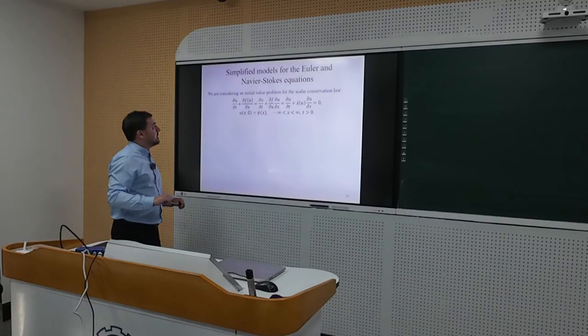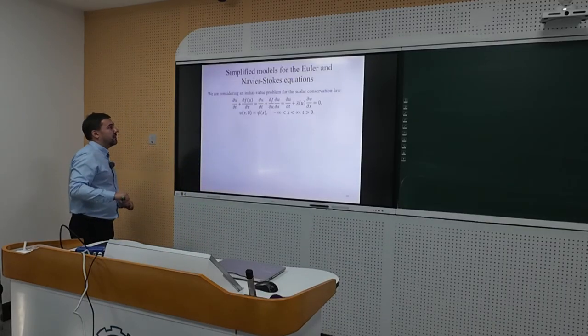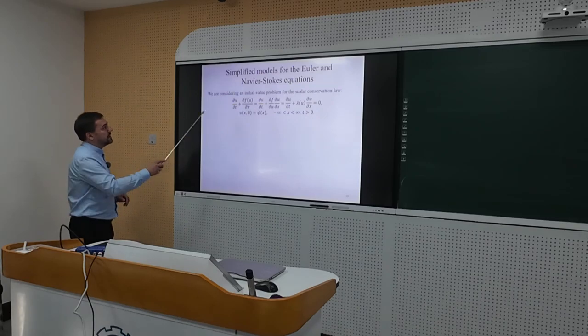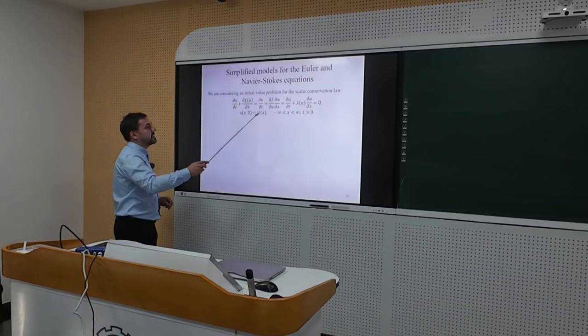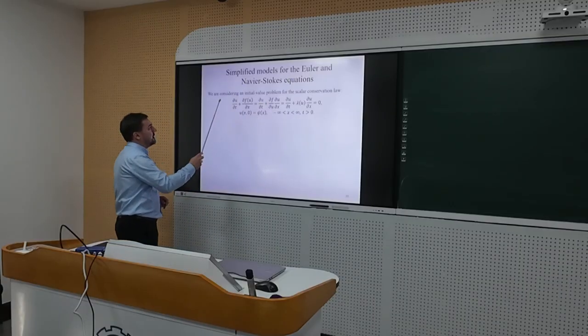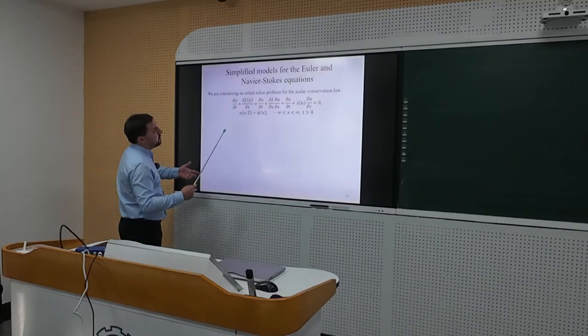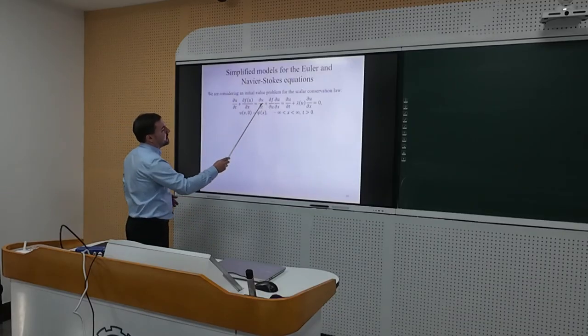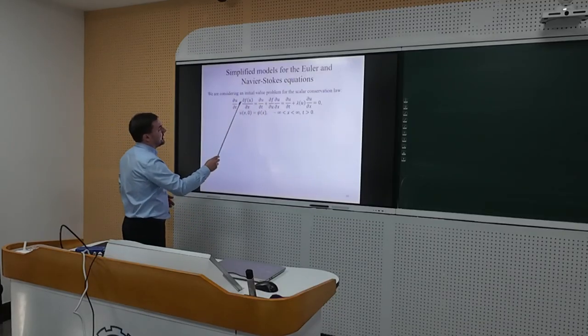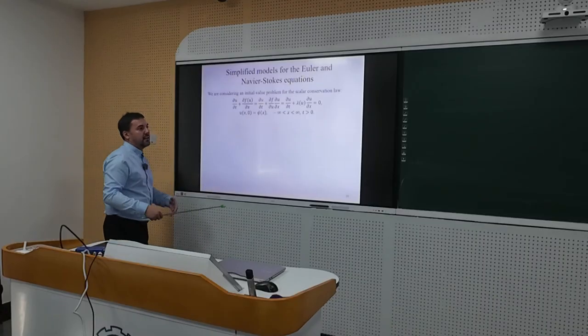So let's summarize the simplified models for the Euler and Navier-Stokes equations. We are considering an initial value problem for the scalar conservation law: du over dt plus d of f of u over dx. The first manipulation is that we can compute the speed of propagation. So df of u over dx equals df over du times du over dx, just the derivative of a complex function, right?